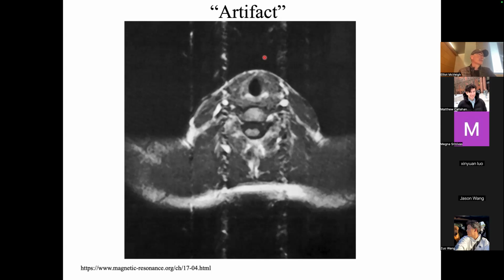It's called artifact. However, one person's artifact is another person's technique. So when you see an artifact, you say, well, what is causing this modulated signal? What the heck is that? Then you can usually exploit that to measure something. For example, here, this thing is pushing through.